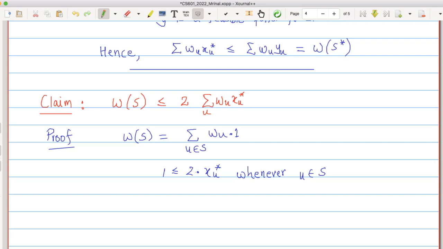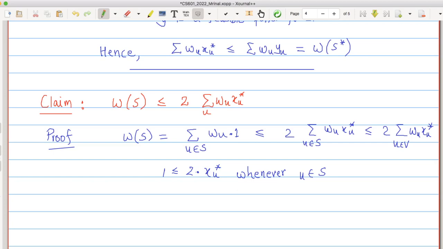You can use this inequality, and you get the summation of w_u x_u star, where the sum is over u in S. But you can also upper bound this by the sum over all vertices of w_u x_u star. So that's the LP optimal value. From here you get that the weight of your set is at most twice the LP optimal value.